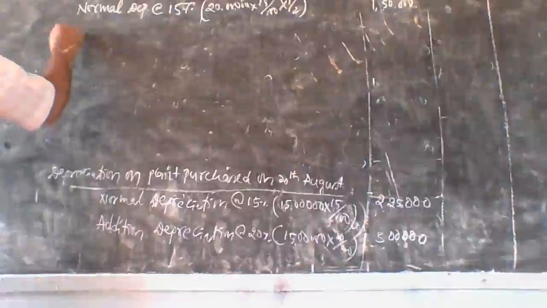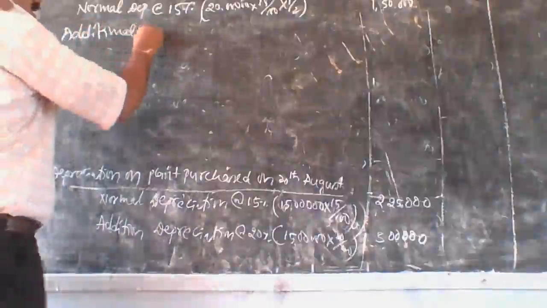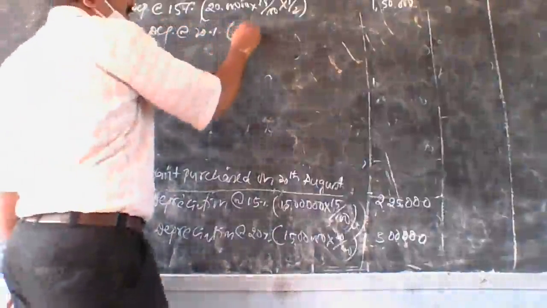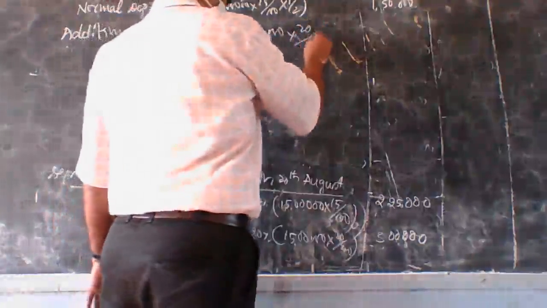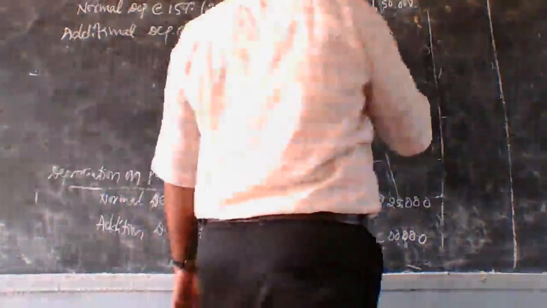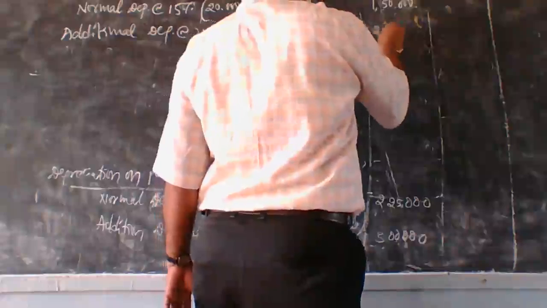Next, additional depreciation at 20%, 20 lakh multiplied by 20% for half year. How much? 2 lakh.